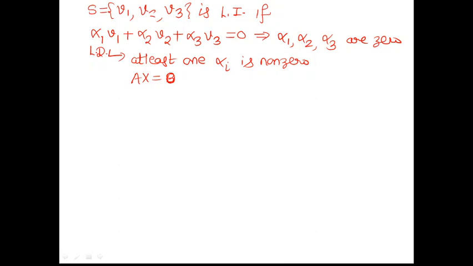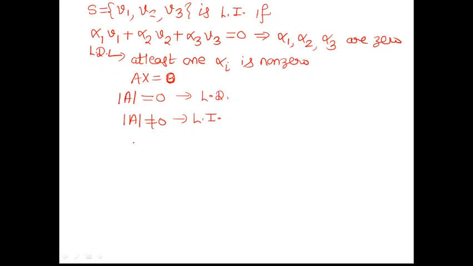When such a situation arises, we have an alternative option to check linear independence. If the determinant of A is equal to 0, then the system is linearly dependent, whereas if the determinant of A is not equal to 0, then this gives us a linearly independent system of equations.